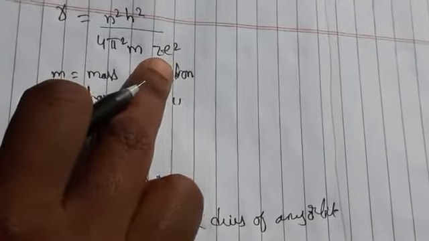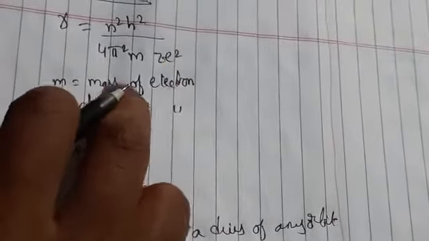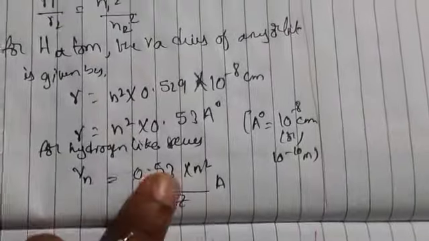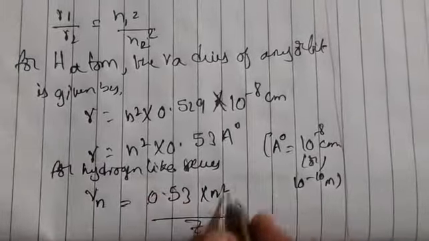By solving this, taking the charge of the electron as 1 and the mass of the electron as 1, we get n square into 0.53 angstroms divided by Z.